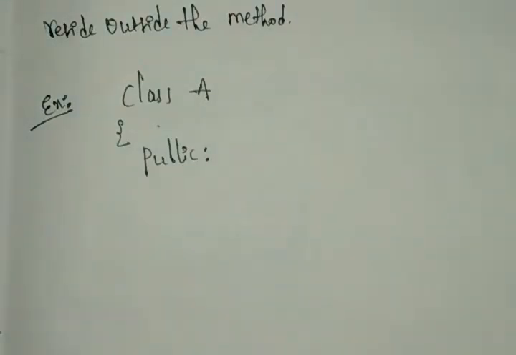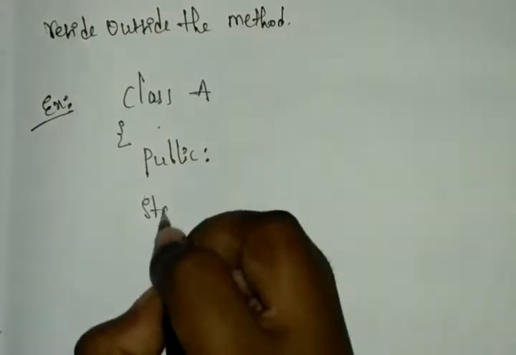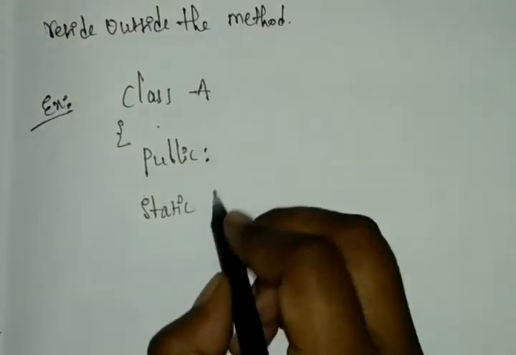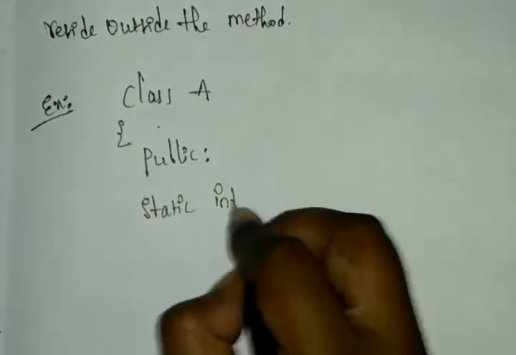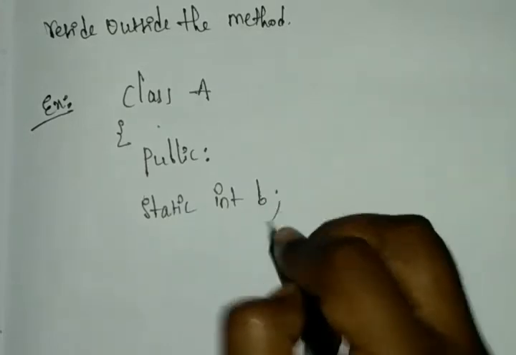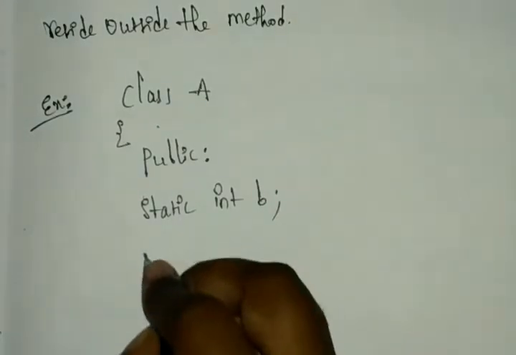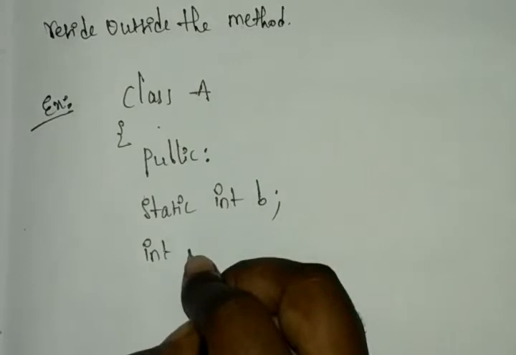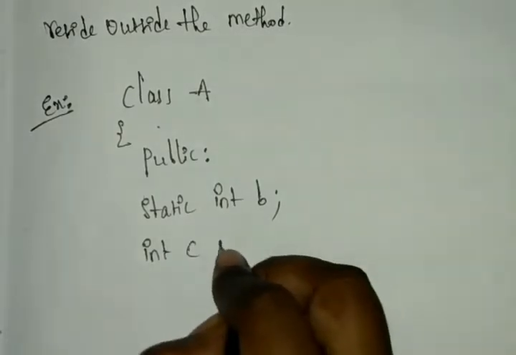Inside the class, we need to declare the instance variables and the class variables. First I am choosing the class variable. This class variable will have the static modifier, right? So here I am starting with static, and next int b. And next int c.